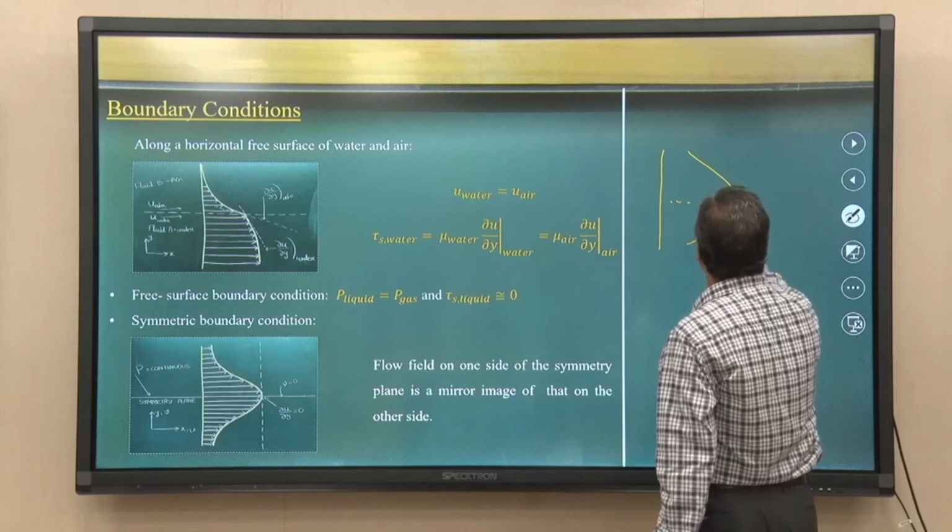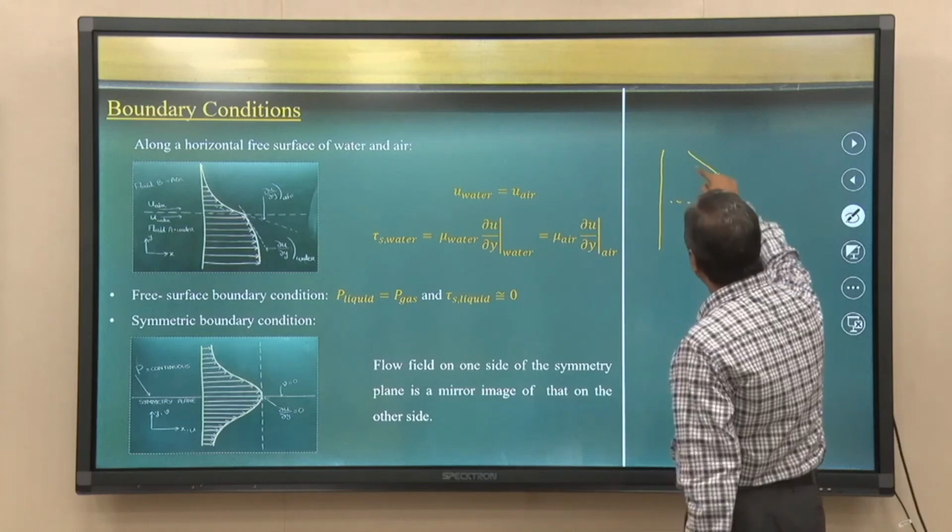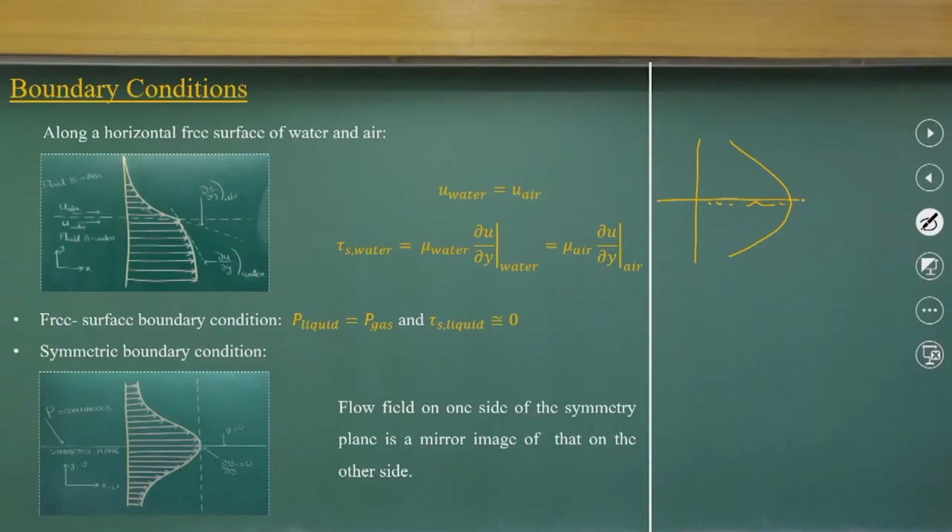If it is symmetric, like a mirror image about this line, with u on this axis and y on the other, we can easily say that the gradient at the symmetry line will be 0.